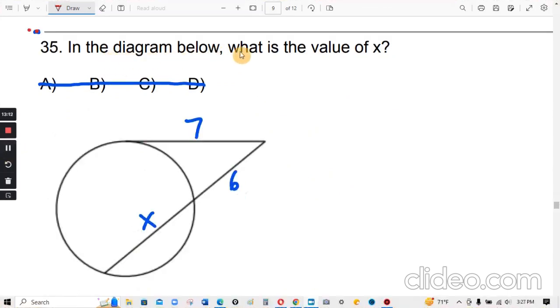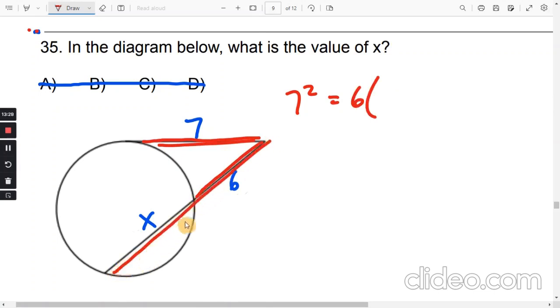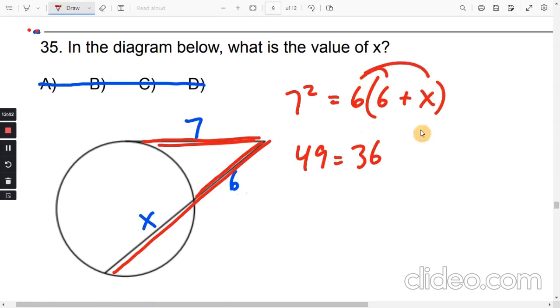In the diagram below, what is the value of x? Okay, so we have this times itself, so that's 7 times 7, or 7 squared. And that's going to equal this, which is 6, times this whole thing, which is 6 plus x. 7 times 7 is 49, and distributing, 6 times 6 is 36, and 6 times x is 6x. So we're solving for x.